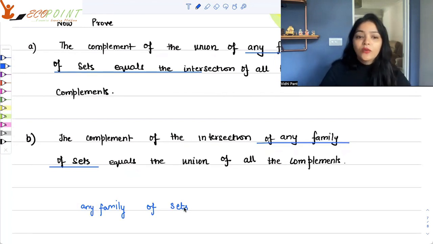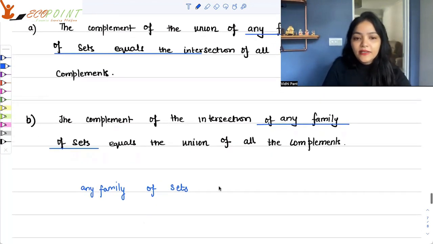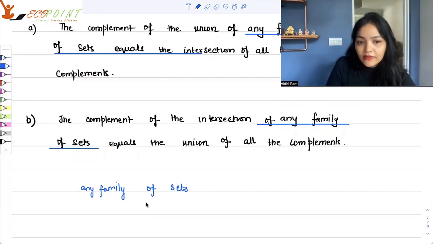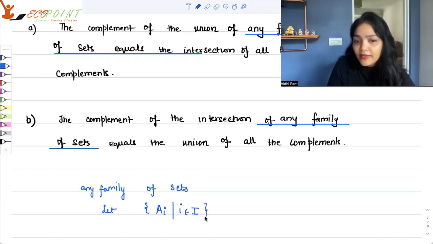So what we can say is: let A_i, where I is some index. This capital I does not stand for integers. It is any index, because we don't know whether it's finite or infinite. We don't know whether we just have to take n number of sets here, or there could be whatever number of sets here.